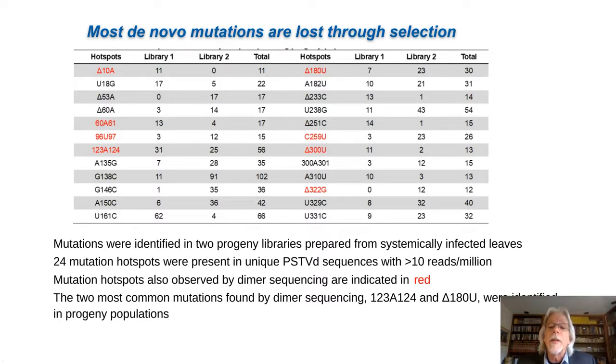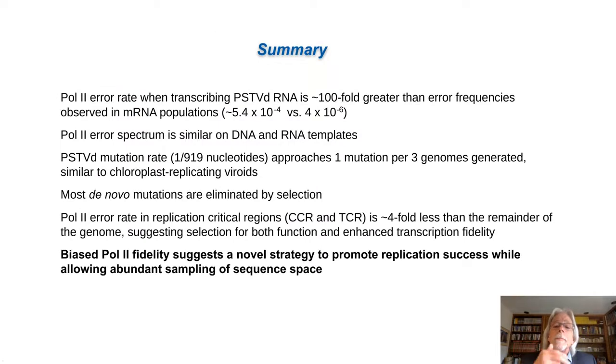So, to summarize, the Pol II error rate we found transcribing PSTVd RNA is about 100-fold greater than error frequencies observed in mRNA populations. Nevertheless, the Pol II error spectrum is similar on DNA and RNA templates.